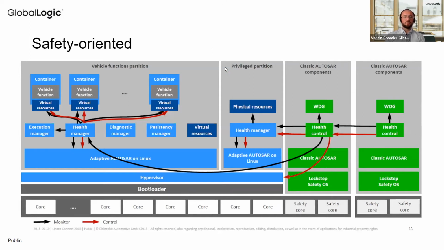We can see here that adaptive applications can communicate with each other in the AUTOSAR runtime environment and can communicate with the classic platform, but everything goes through Linux or the hypervisor, so the direct access is limited by the system.